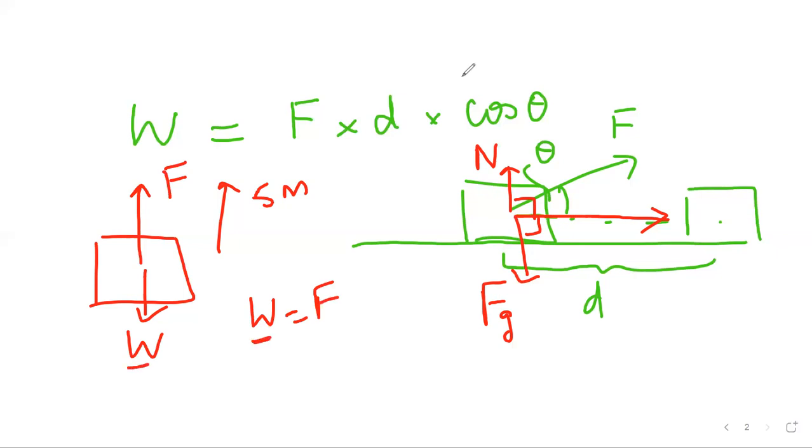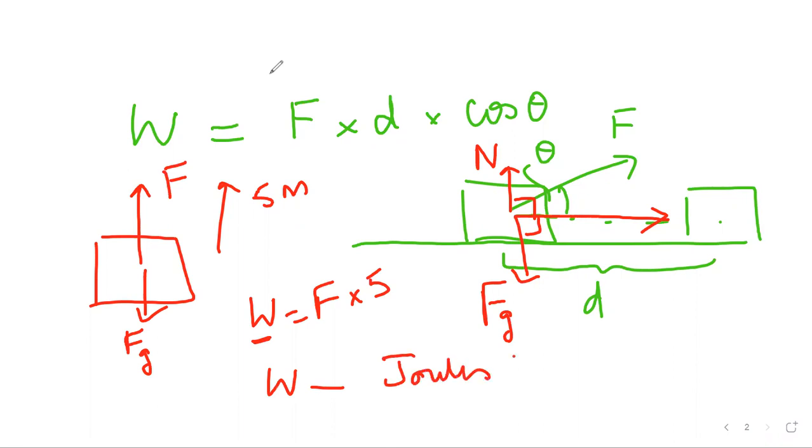Notice how I'm using W for work done, so it's better not to use W for weight, but to use F grav or FG. And the units are the same as the units of energy. Work has the unit joules.